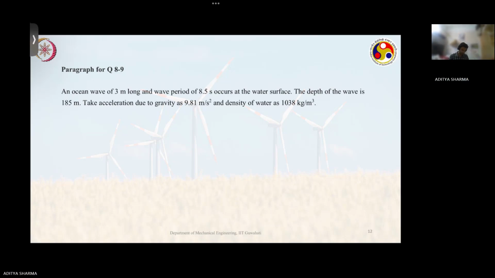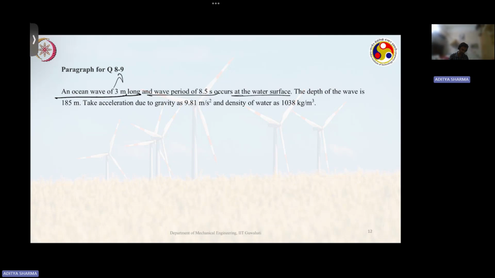All right, then moving on to the next questions. An ocean wave 3 meter long and wave period of this occurs at the water surface.